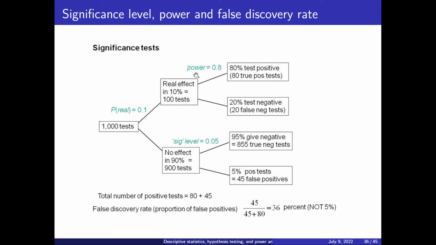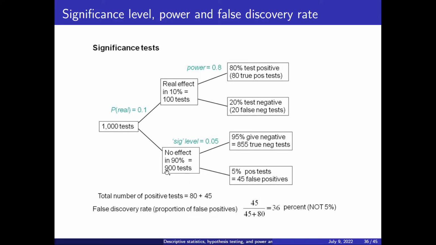Okay, so let's look at these 100 compounds that have an effect. Because your statistical power is 80%, on average you will recognize that 80 of them make a difference. So you have correctly identified 80 of the good compounds, and 20 of the good compounds you have missed because you were unlucky with your samples and the p-value was not low enough. And then what about these 900?